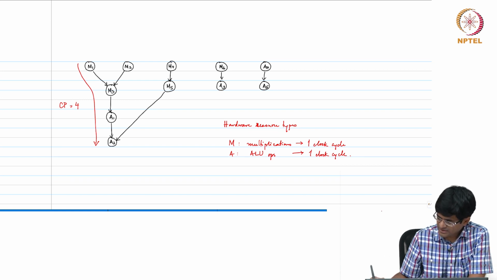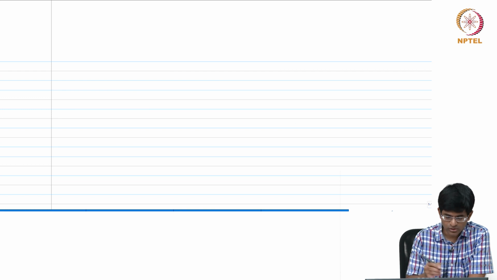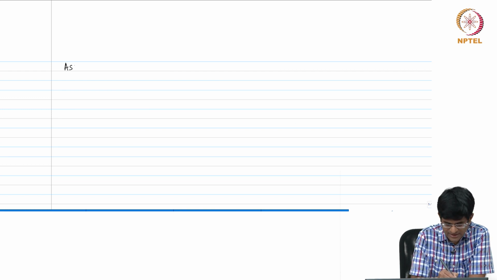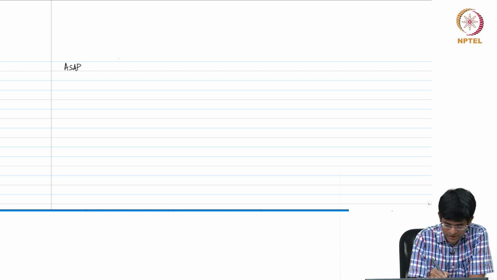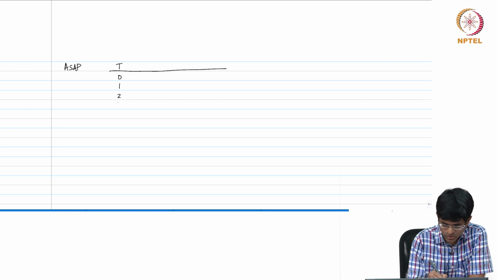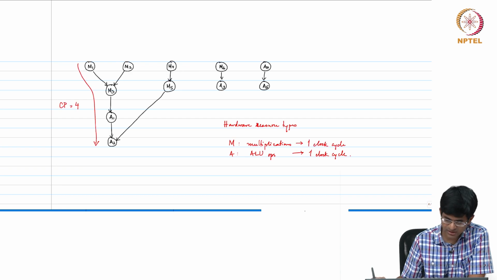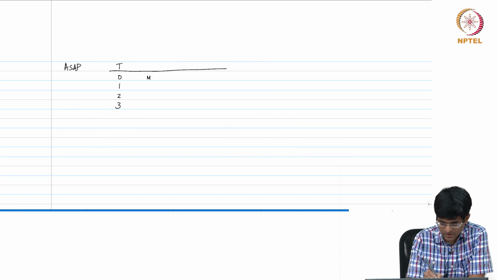With that in place, the ASAP schedule would look something like this. I would take 4 clocks 0, 1, 2 and 3, and the operations that need to be scheduled in each clock cycle, I can basically say all the things in the first row of this graph, that is M1, M2, M4, M6 and A4, can be executed in clock cycle number 0.